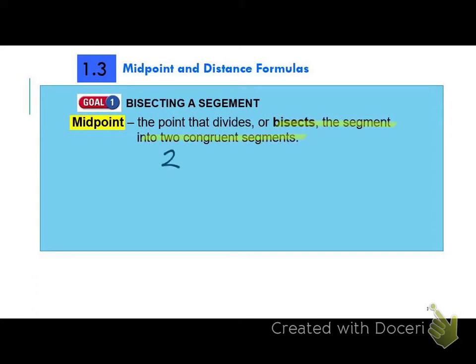It can be a lot to write, or you can abbreviate. What is the symbol for congruent? What does it look like? Equal sign, with a squiggle on top. Good. So a squiggle with an equal sign. But it's bisects a segment into 2 congruent segments.